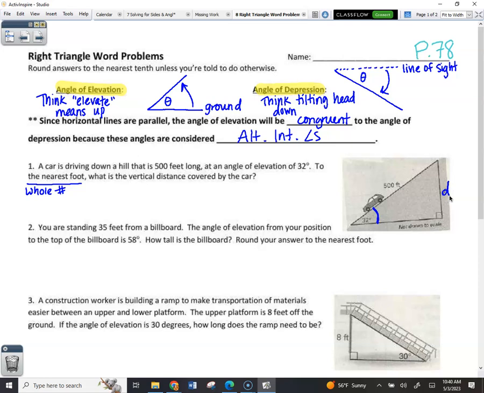It's just embedded within a word problem. So let's go. What trig function are we going to use here, y'all? This is a sine problem. Do y'all see it? I see it. With a missing side, correct? So sine angle equals opposite over hypotenuse.